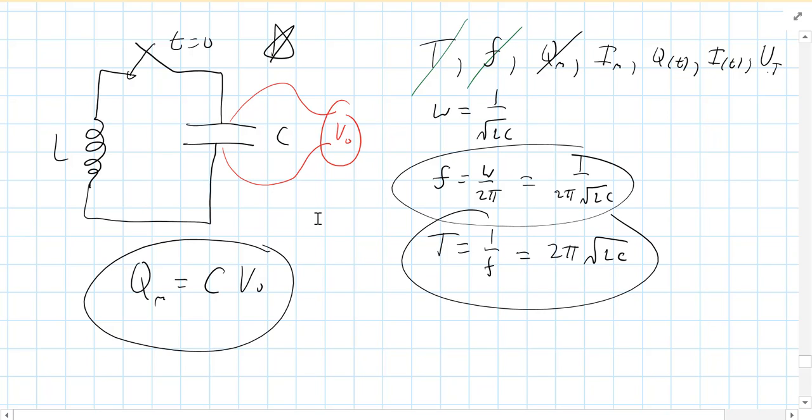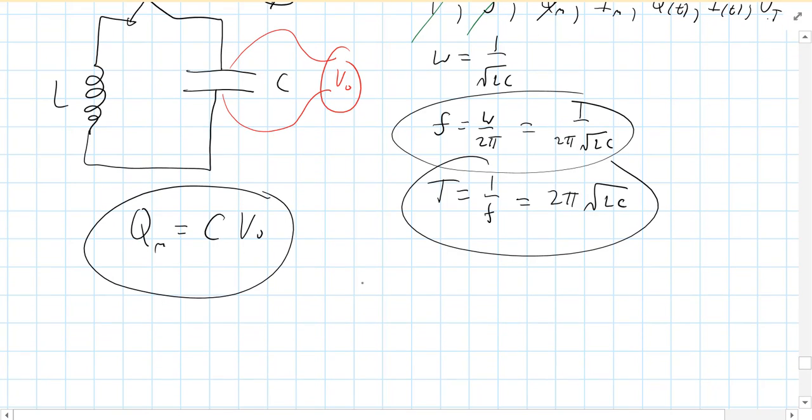Okay, Q as a function of time, that's a little more exciting. Q as a function of time would be Q max, which is CV naught. And we're starting with the capacitor fully charged, so at time equals 0, I want my function to equal 1. So I'll use cosine of omega t.